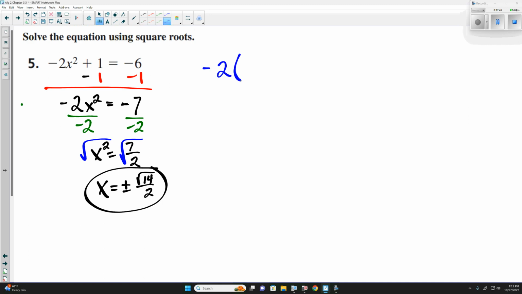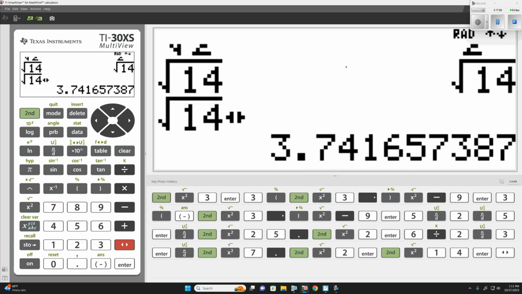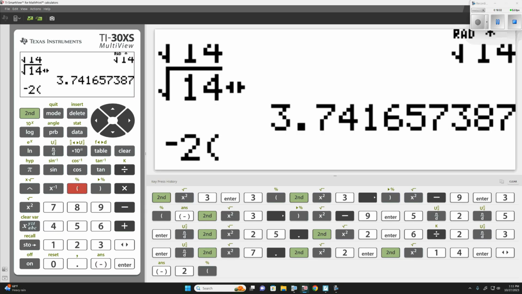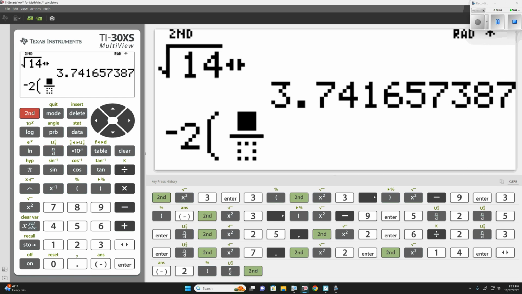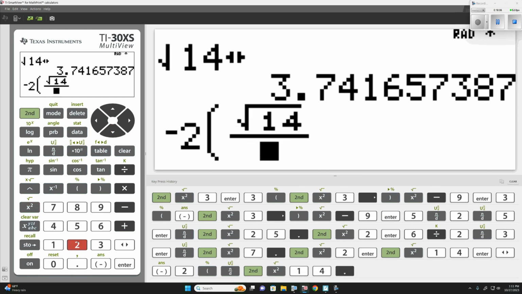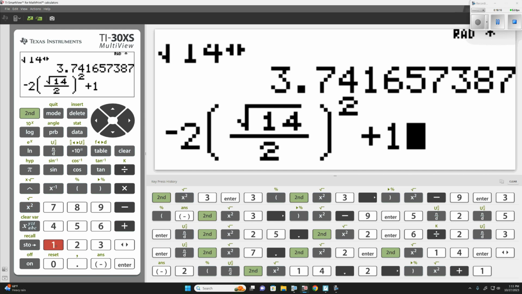Now, there is a way to check to make sure we got the correct answer. I can take square root of 14 over 2 and plug it back in for x. If we plug this into the calculator, this should equal what? Negative 6. So I can say negative 2, parentheses, fraction, second square root 14 over 2, close parentheses, squared, plus 1, enter, is negative 6.